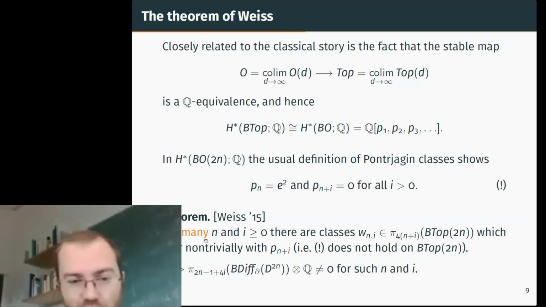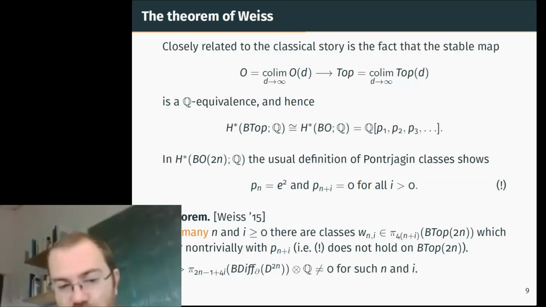Let me be vague about what exactly the conditions on n and i are here, but he proved that there are classes in the homotopy groups of B top 2n which pair non-trivially with these Pontryagin classes in degrees n plus i, for i being at least 0. So in other words, it's exactly saying that these two equations tend not to hold in the group of homeomorphisms of Euclidean space.